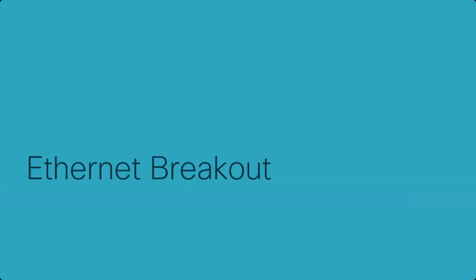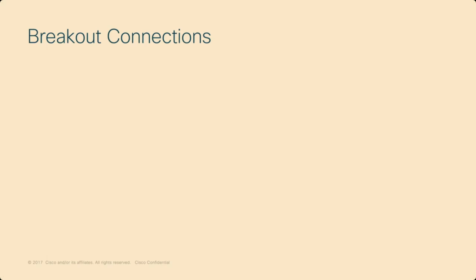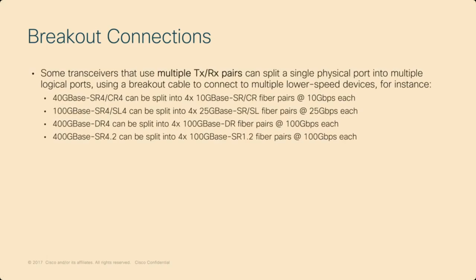Let's talk about breakout. So your breakout connections, in some cases, especially if you're doing QSFP-based switches, some transceivers that have multiple transmit and receive pairs can be split off into 4, usually because it's typically going to be something using 4 lanes.